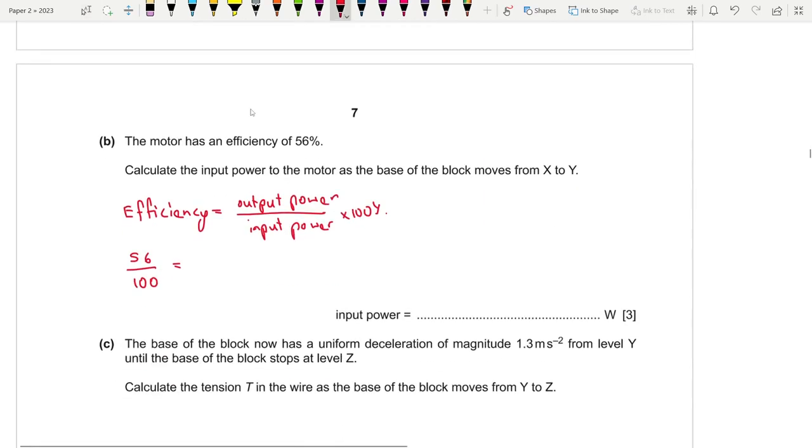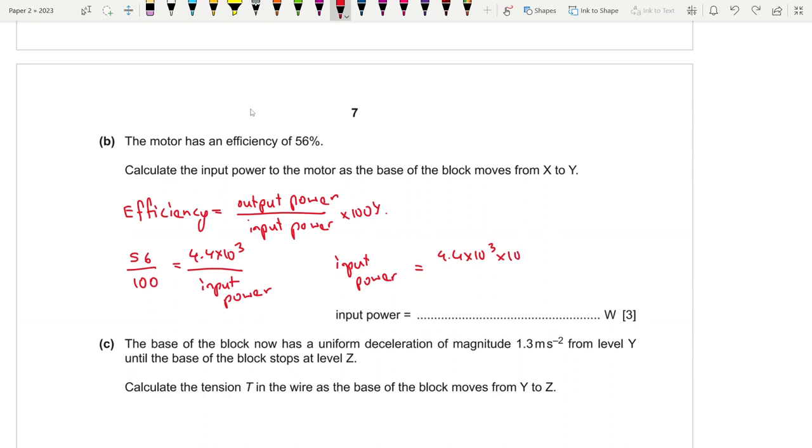It's 4400 divided by the input power. So if we solve this, we get a value of input power is equal to, sorry, 4.4 into 100, right? Yeah.